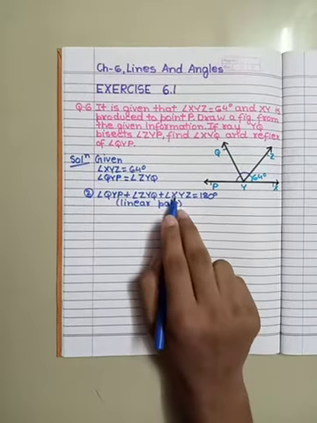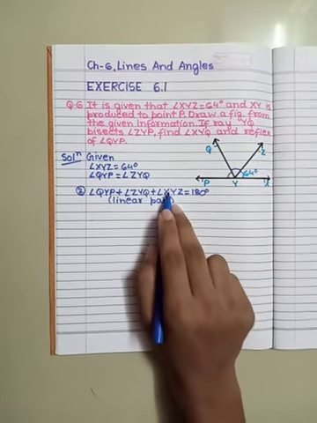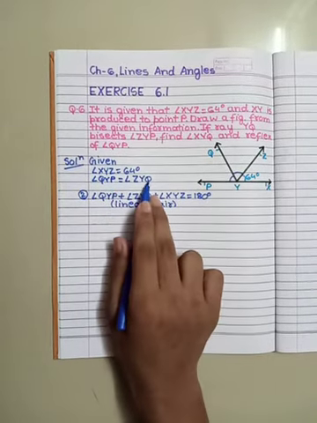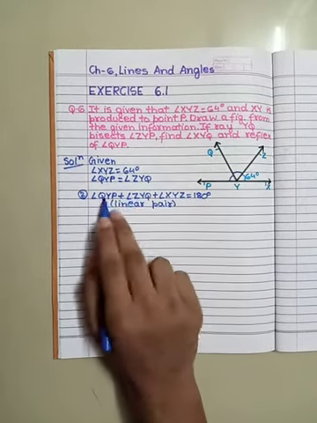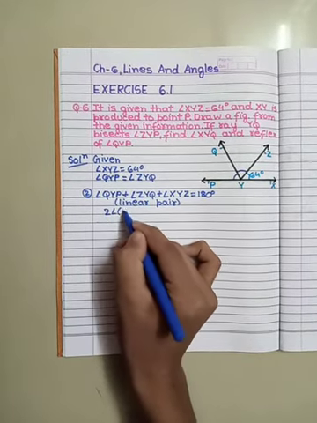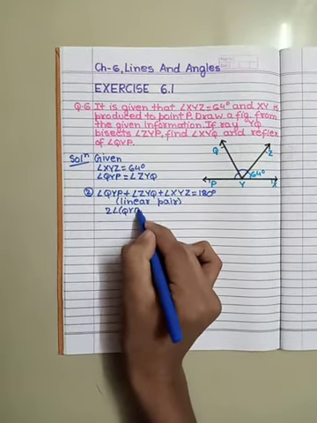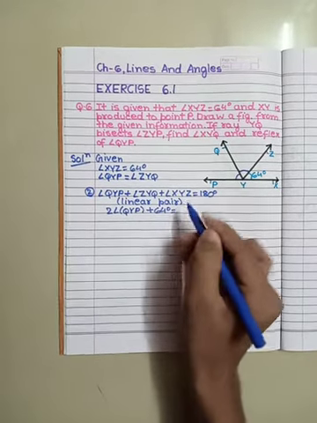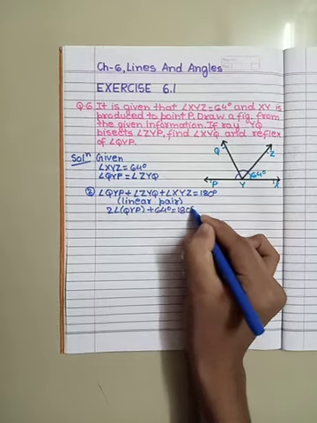So now we know the value of angle XYZ, that is 64 degrees, and we know that angle QYP is equal to ZYQ. So these two angles are equal. So we will write that 2 times angle QYP plus 64 degrees is equal to 180 degrees.